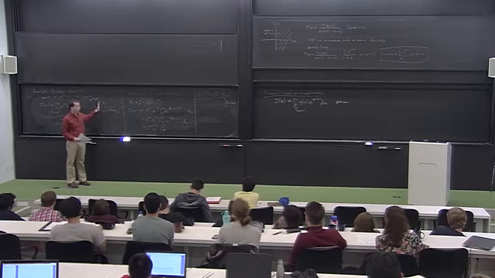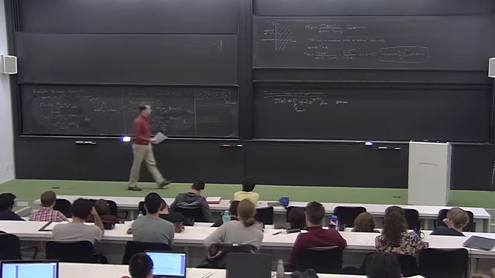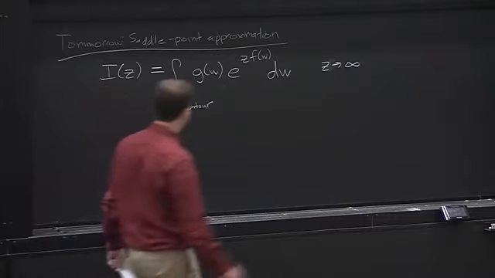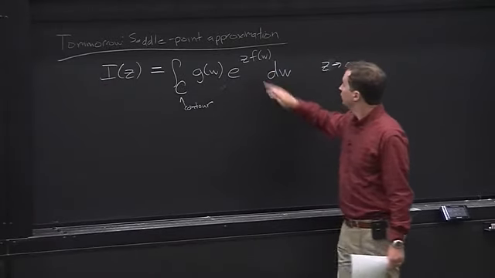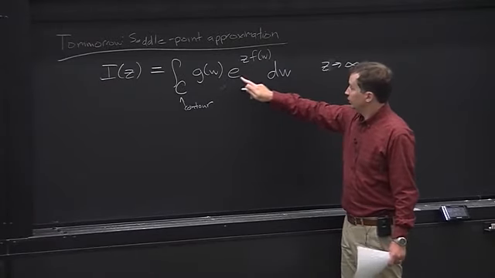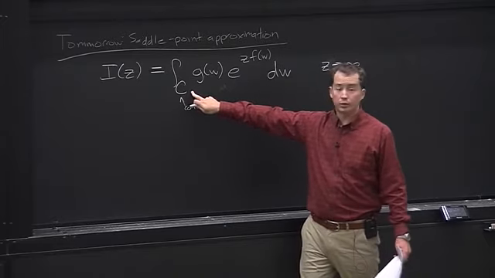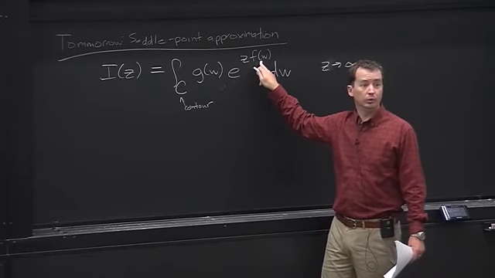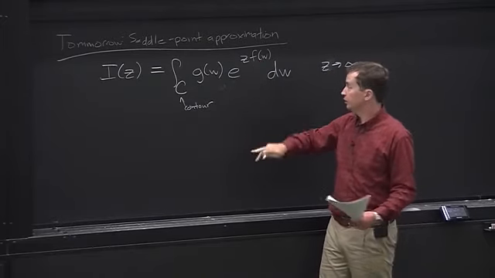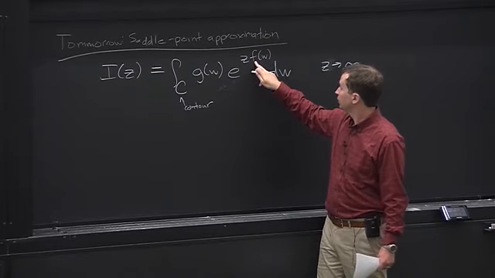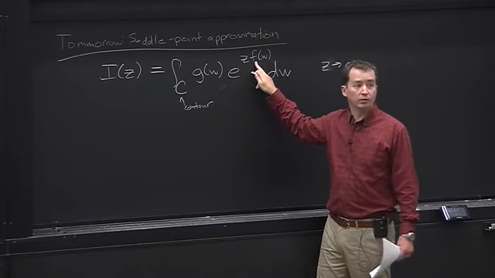Those will be saddle points here. Then we can deform our contour so that it passes through those saddle points so that our integral can be written as a sum of Gaussians.